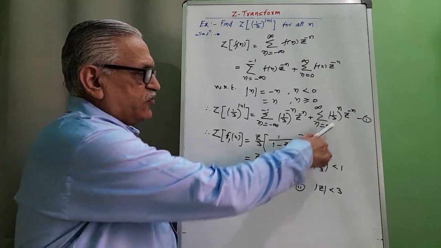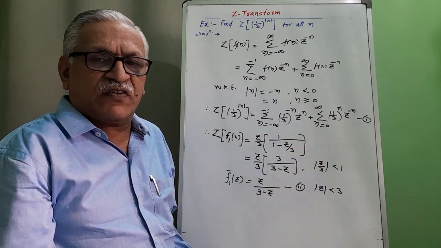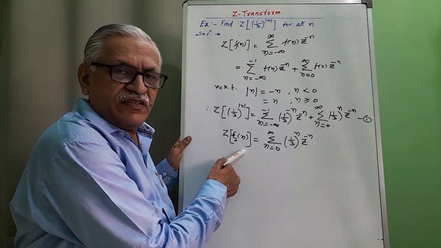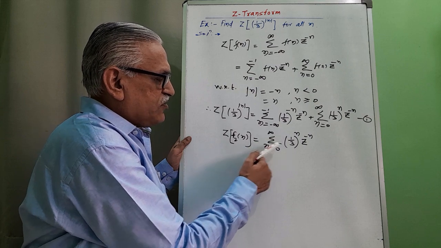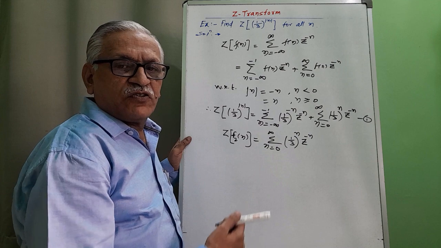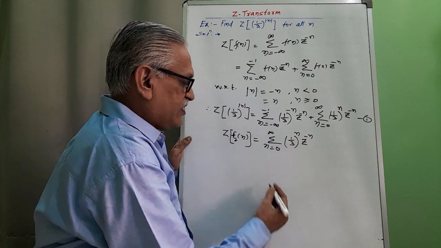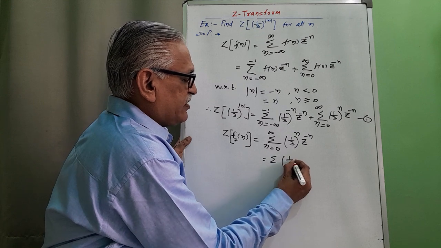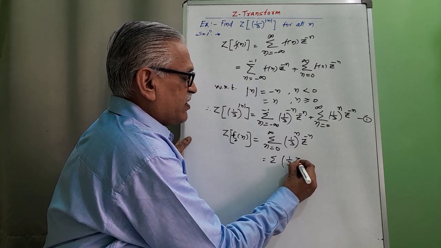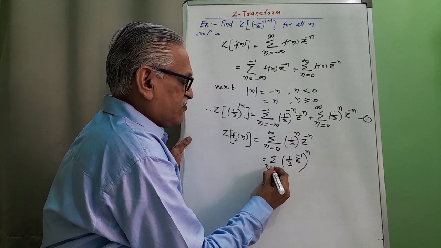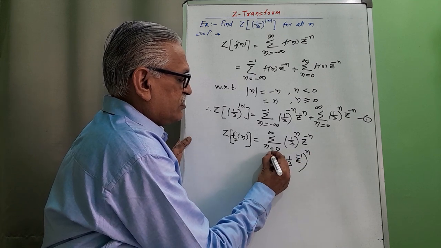Then we determine the Z transform for the second term as summation of (1/3) raised to n, z raised to minus n, with n changing from 0 to infinity. Combining this n, we get (1/3 z raised to minus 1) whole raised to n.